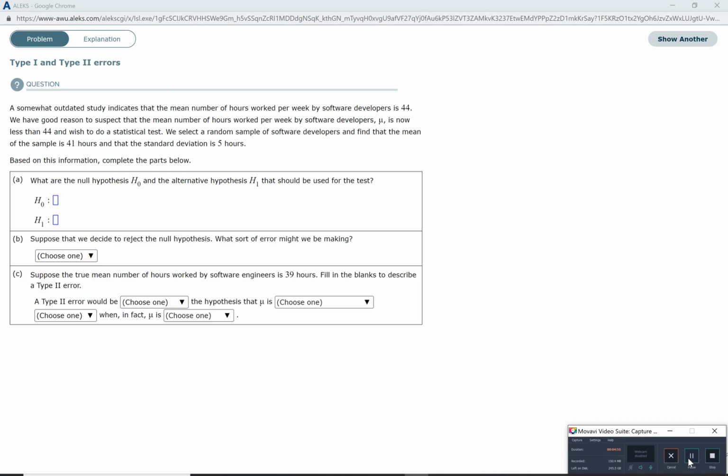We have good reason to suspect that the mean number of hours worked per week by software developers mu is now less than 44 and wish to do a statistical test. We select a random sample of software developers and find that the mean of the sample is 41 hours and the standard deviation is 5 hours. So what are the null and alternative hypotheses for this?